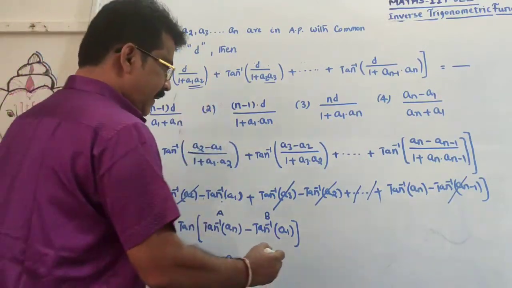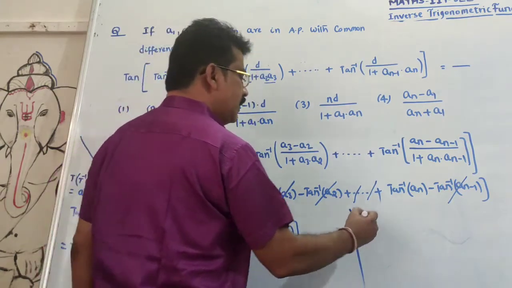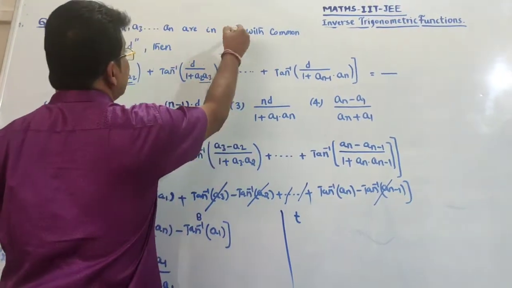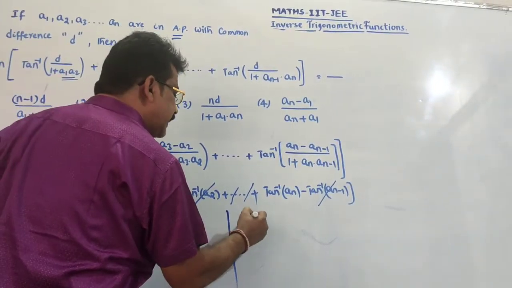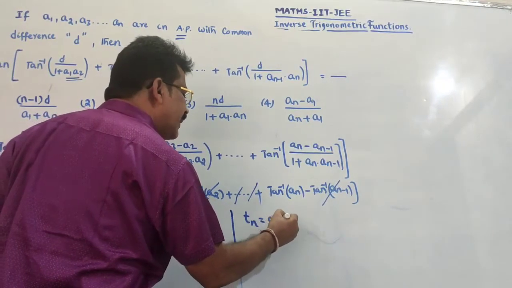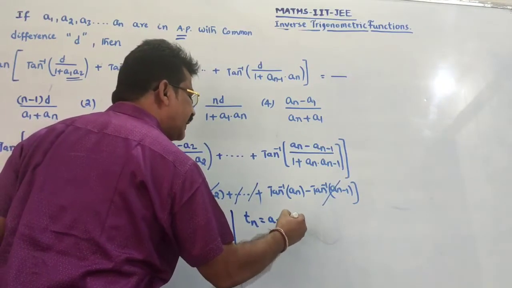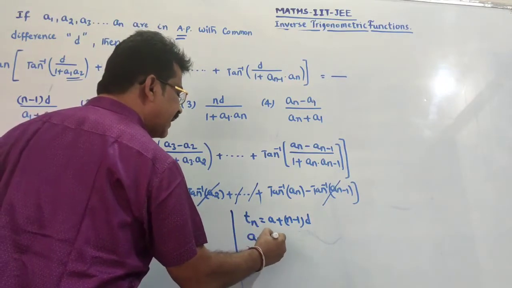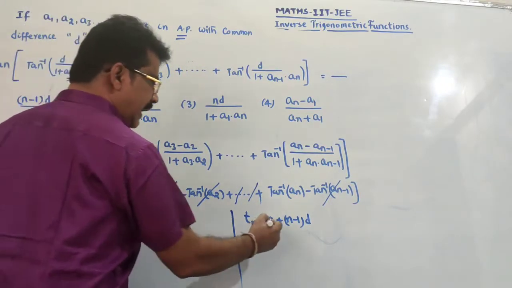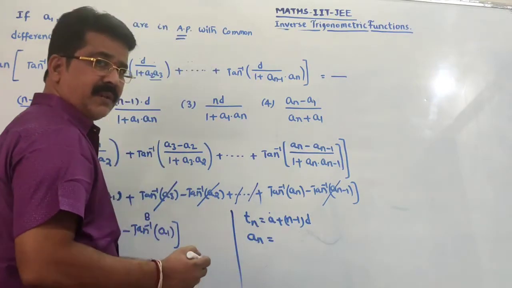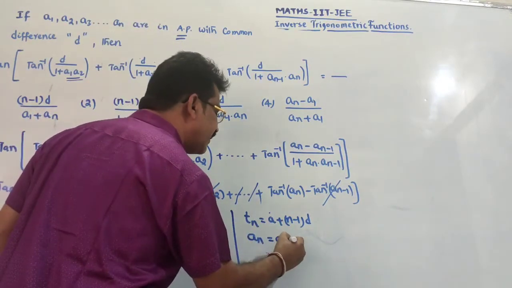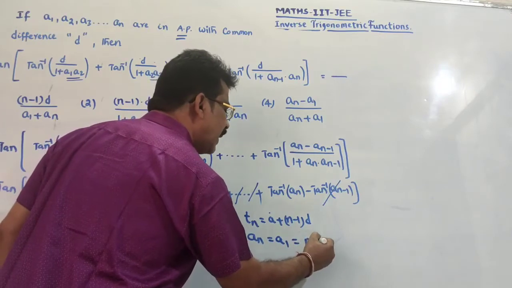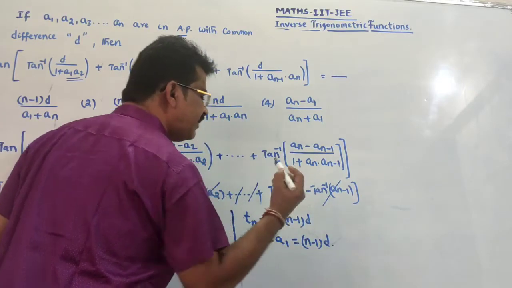Next, one observation. You come here. In arithmetic progression, Tn is equal to a plus (n minus 1) into d. Here the nth term can be written as an, and a stands for the first term, T1, which can be taken as a1, plus (n minus 1) into common difference d.